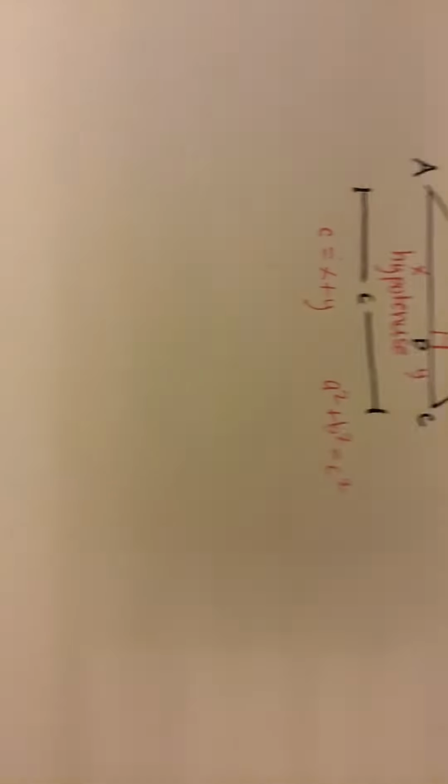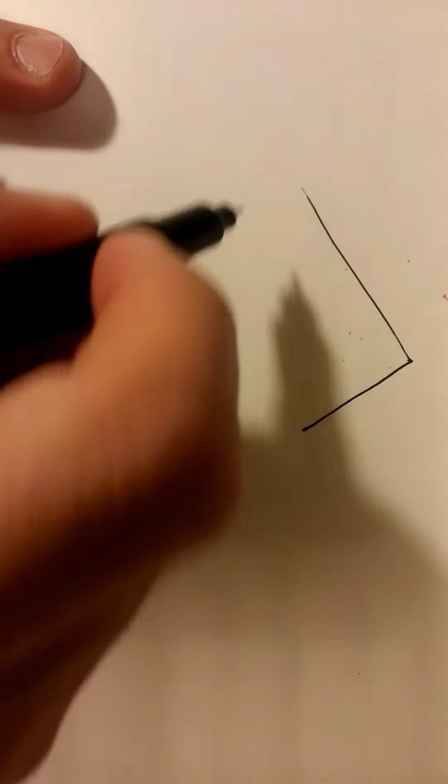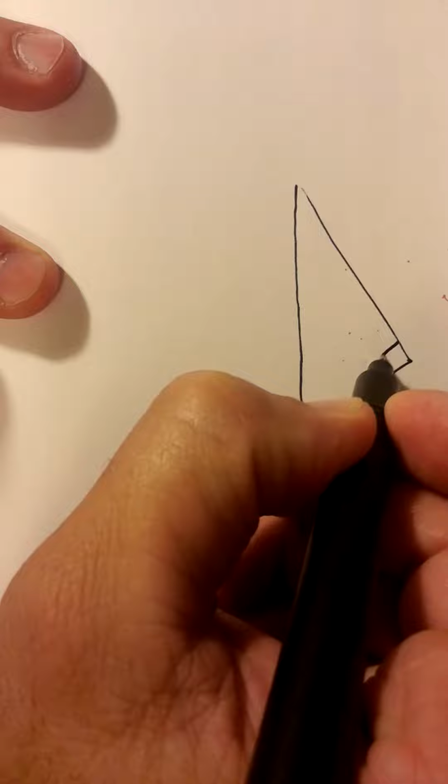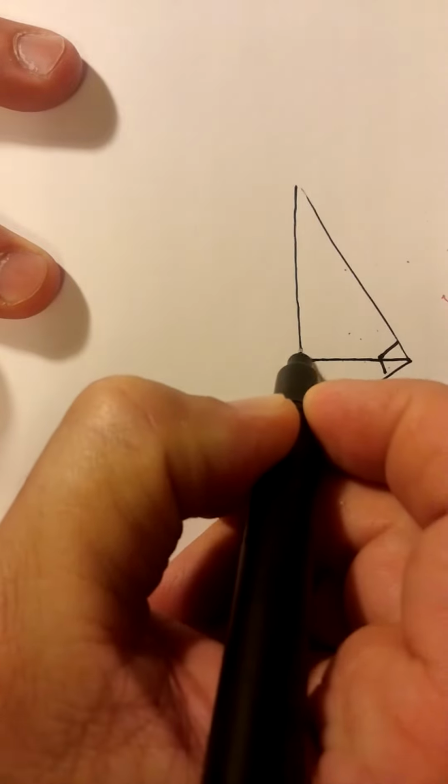So we're going to draw a different triangle because it gets a little messy here. All right, so let's redo the triangle that we just drew. There we go. Here's the altitude coming straight down.